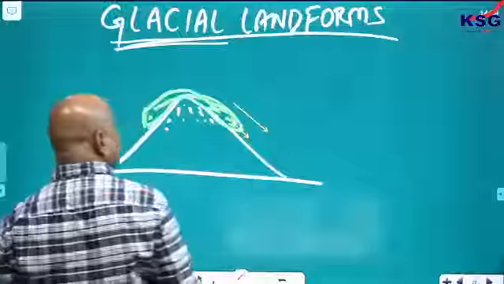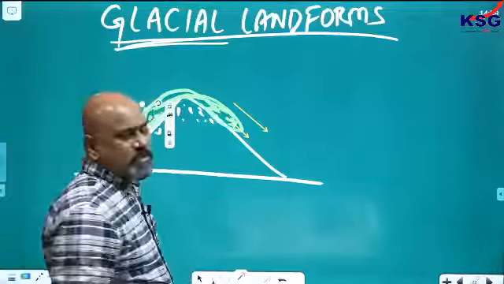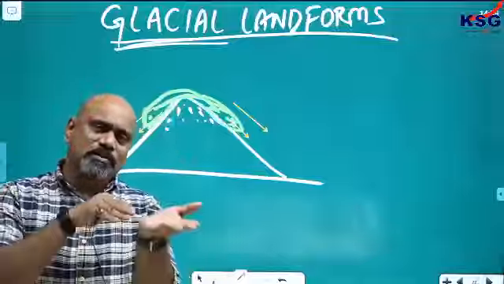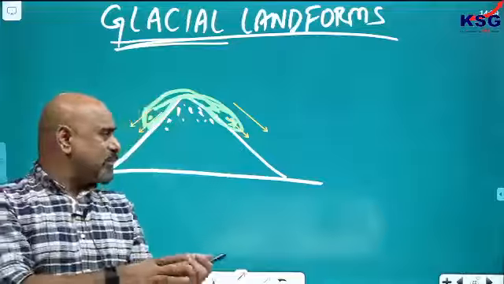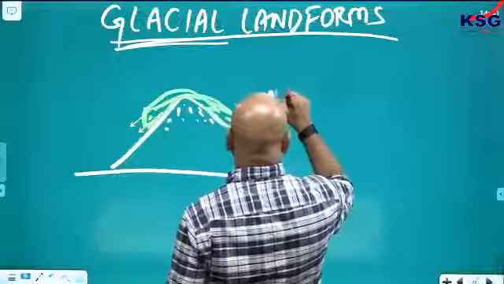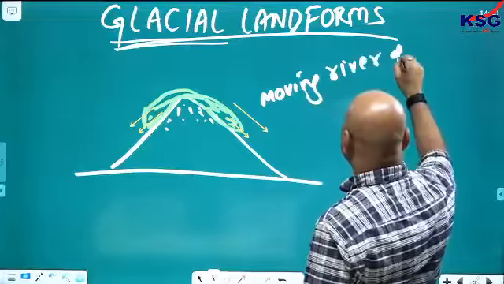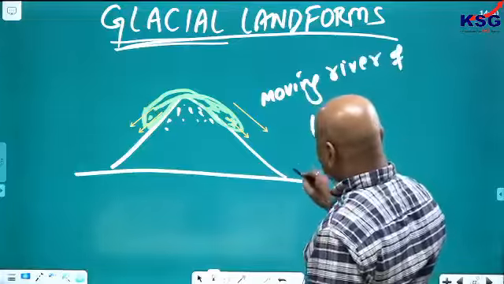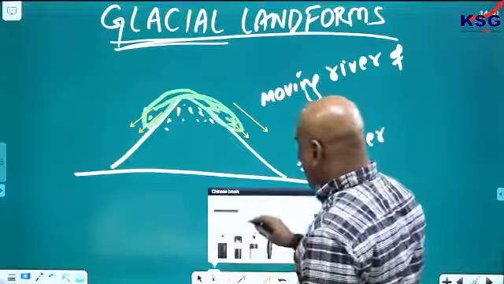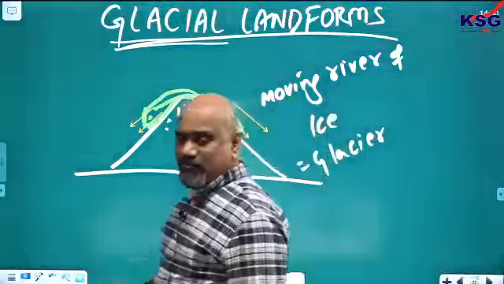Because of more and more weight and maybe a rise in temperature in the lower surface layer, it glides gradually. This is a glacier. A glacier is nothing but a moving river of ice, in the layman's sense.